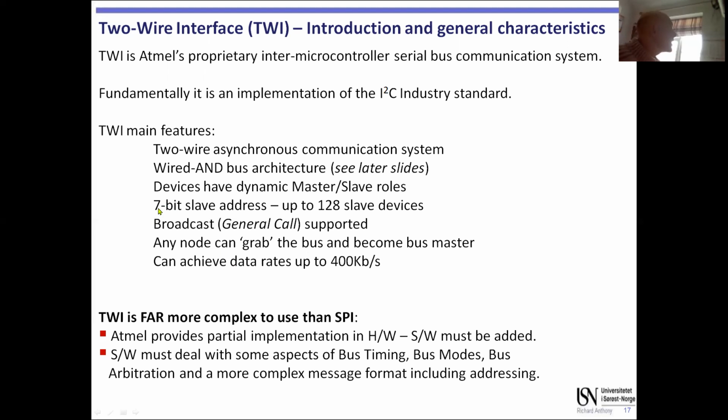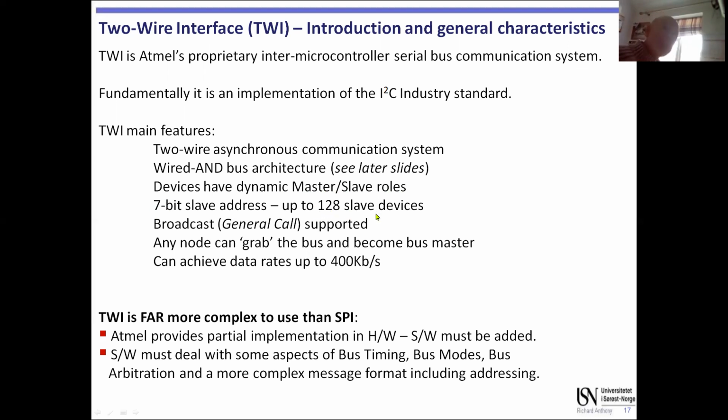We have a 7-bit slave address, which means we can have up to 128 devices altogether. Okay, but bearing in mind that if we are having dynamic master slave roles, every device is by default a slave and only becomes master temporarily, right? So in fact, that means the 128 is the total number of devices.